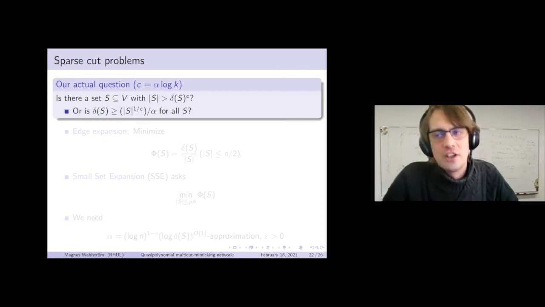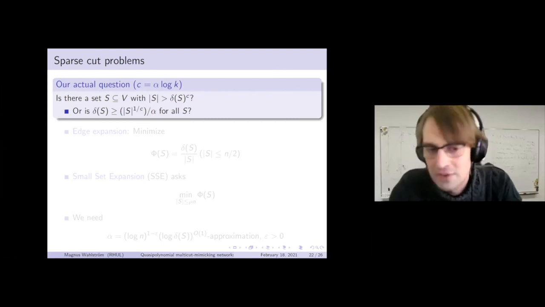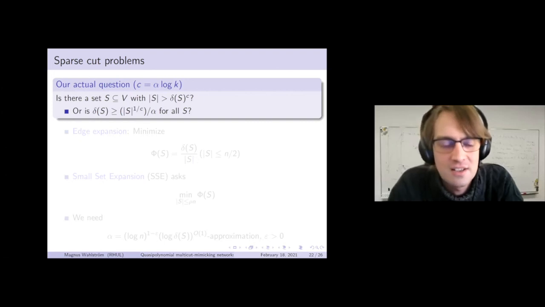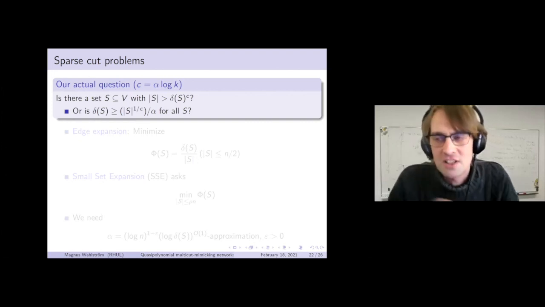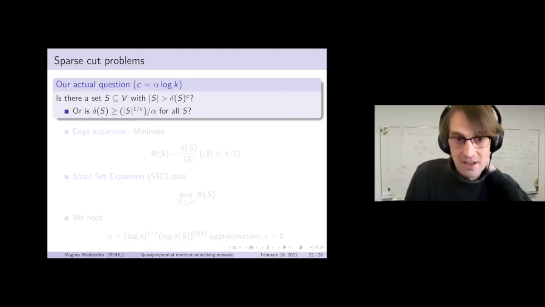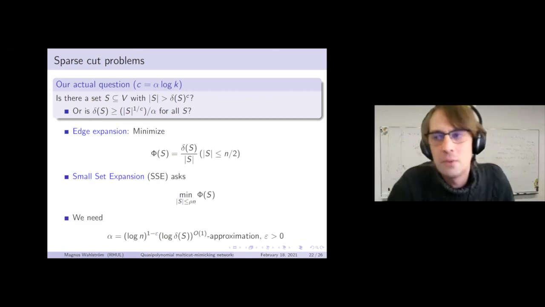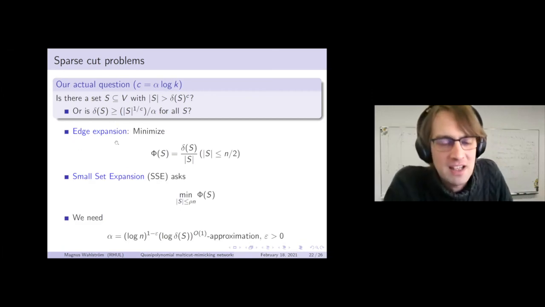There's a lot of research on finding sparse cuts in a much stronger sense of density, where basically instead of constant c we just have 1. So we just want to optimize the ratio between the cut and this vertex set.